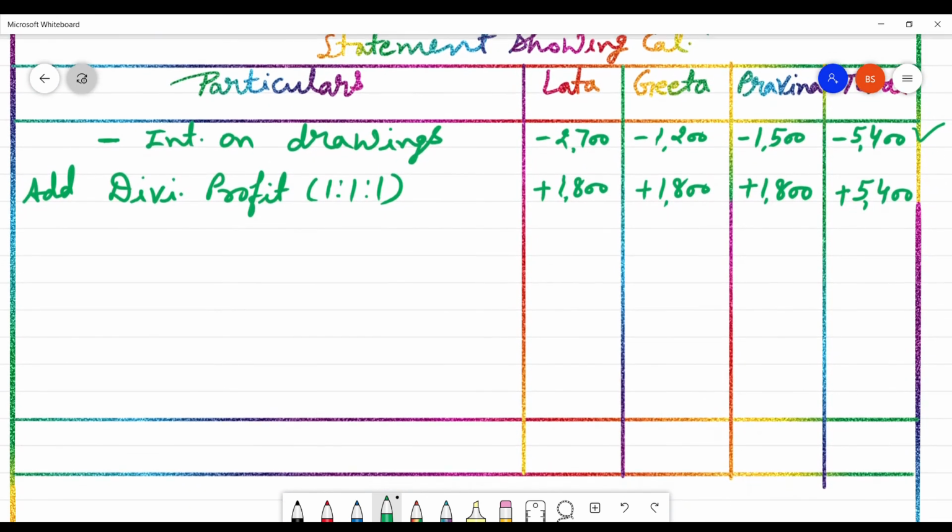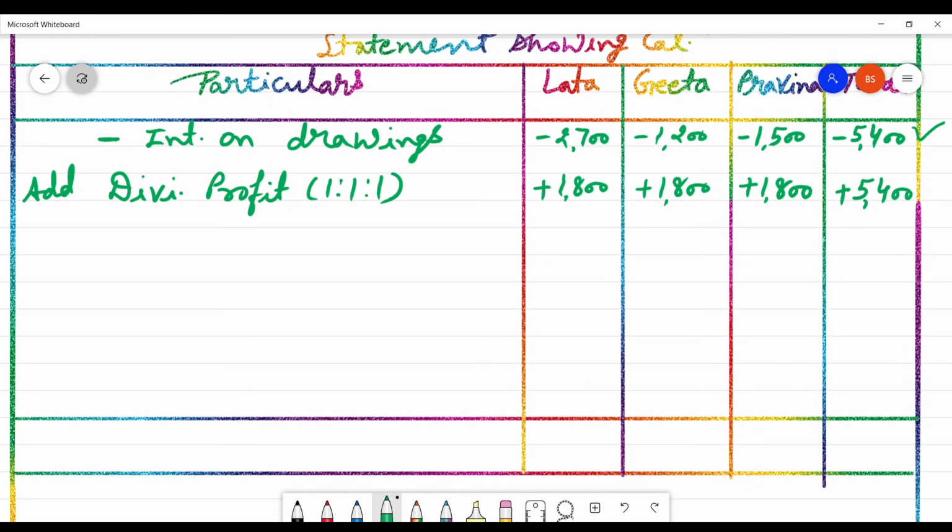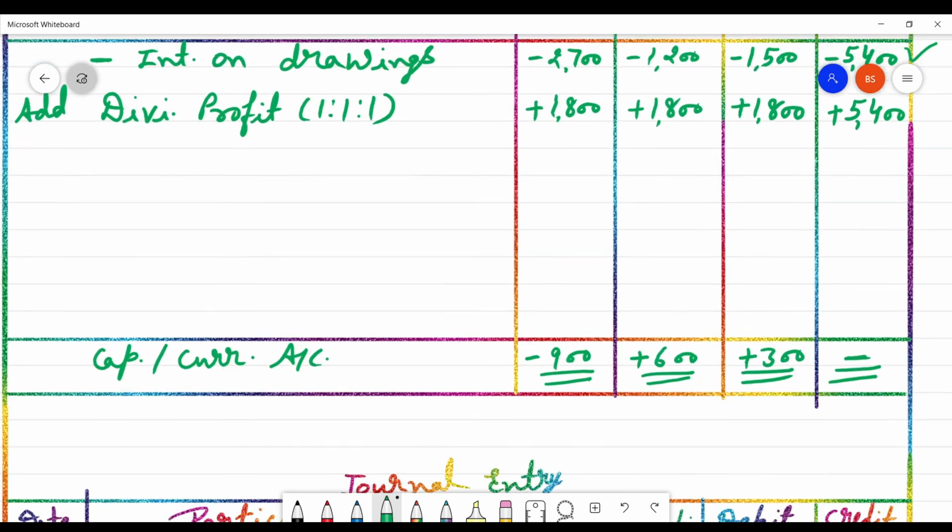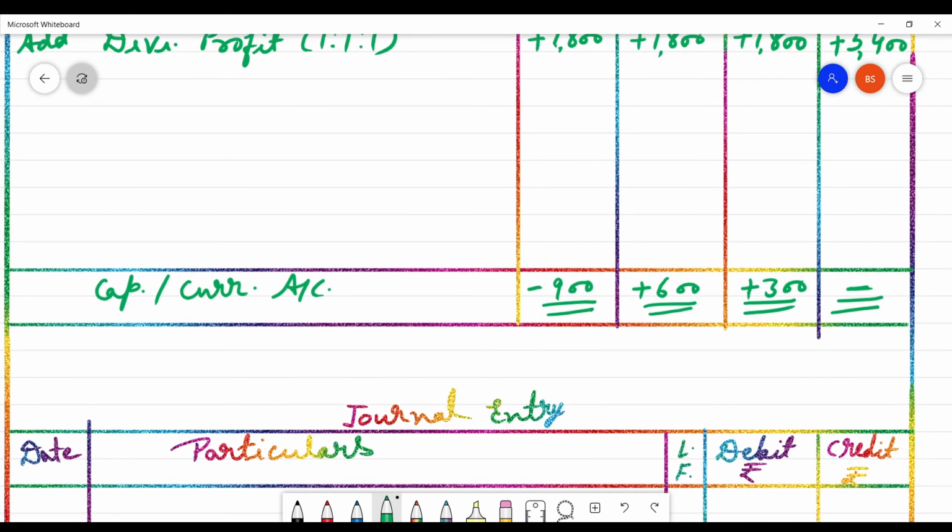This plus and minus will be transferred to the capital or current account to rectify the error.